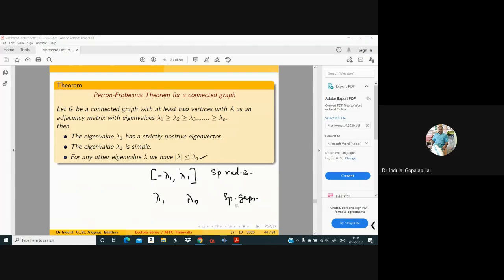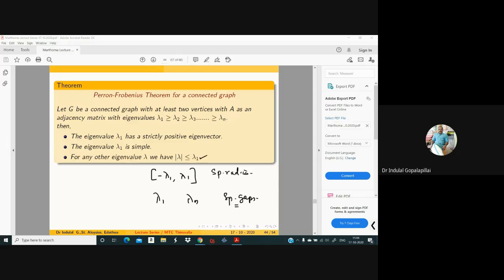How can we prove this? Interestingly, for the Perron-Frobenius theorem also, we had seen more than 70, 80 proofs. And this is one of the simplest proofs for the Perron-Frobenius theorem. See, that proof follows directly with the application of the Rayleigh principle.